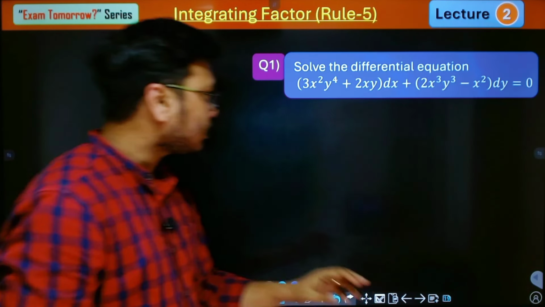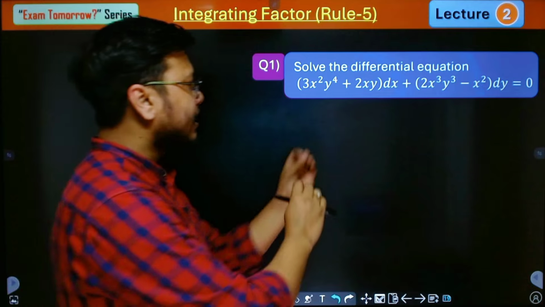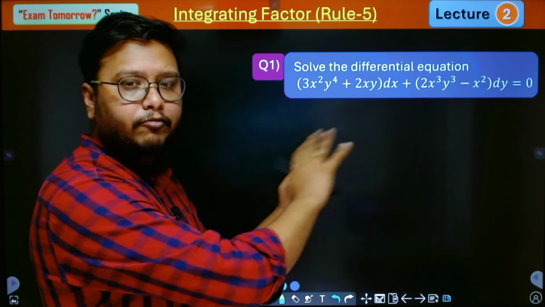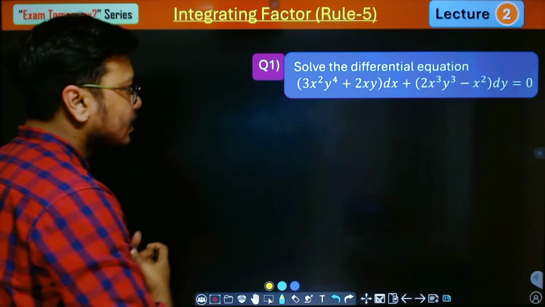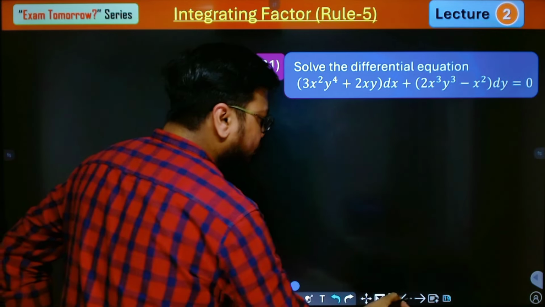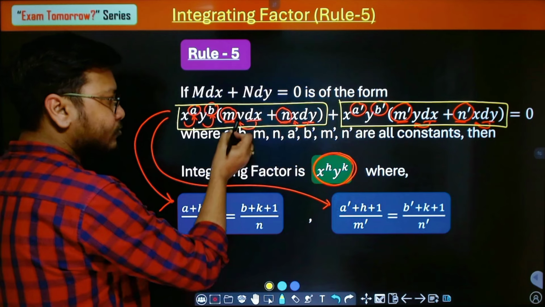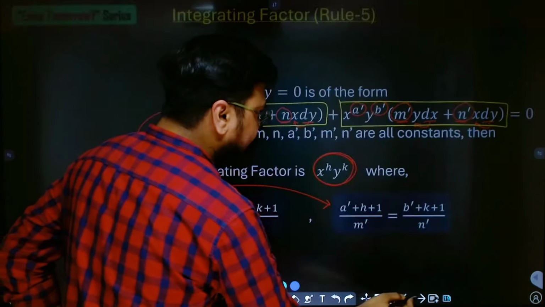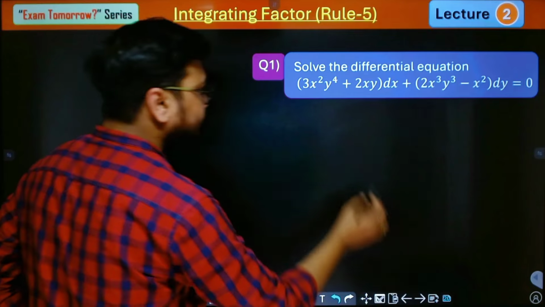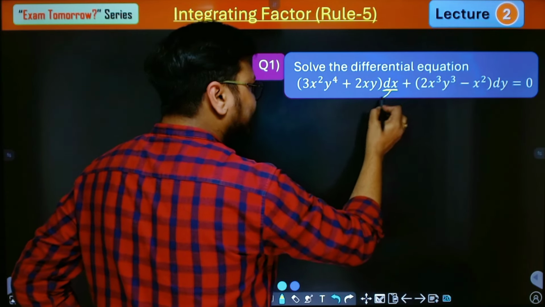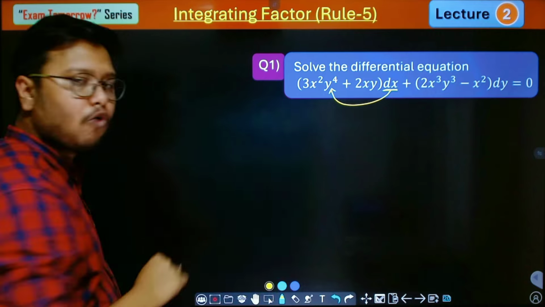Okay. So now the common question is how to match the terms. Which terms should be paired up with which term? That's a basic question. So first what we will do is, remember, as I told you, dx has to be associated with a y. So let's focus on the dx term and take one y common with it.